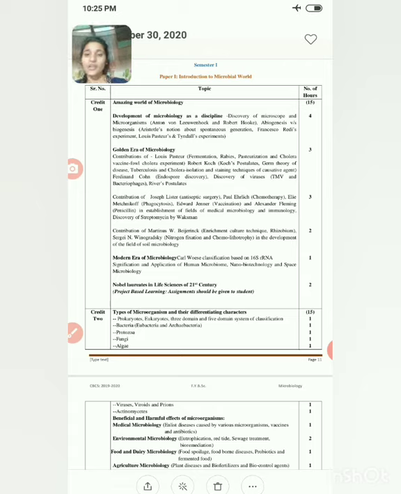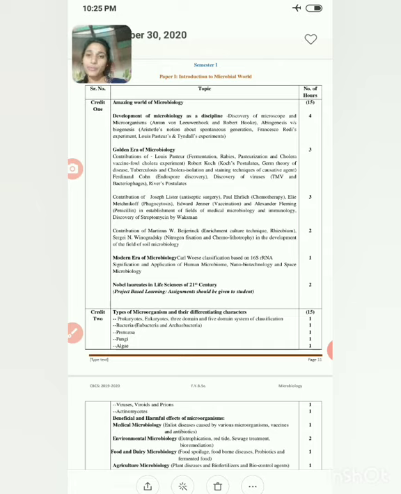For this, Louis Pasteur performed an experiment with a swan-neck flask. Then Tyndall performed the experiment of Tyndallization. These experiments we will also study as we move forward.